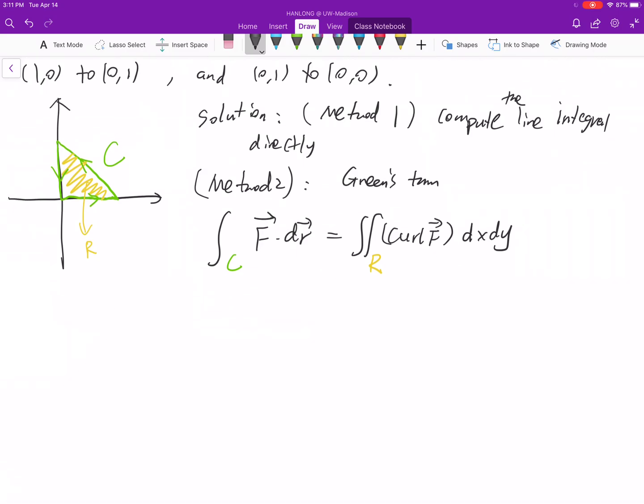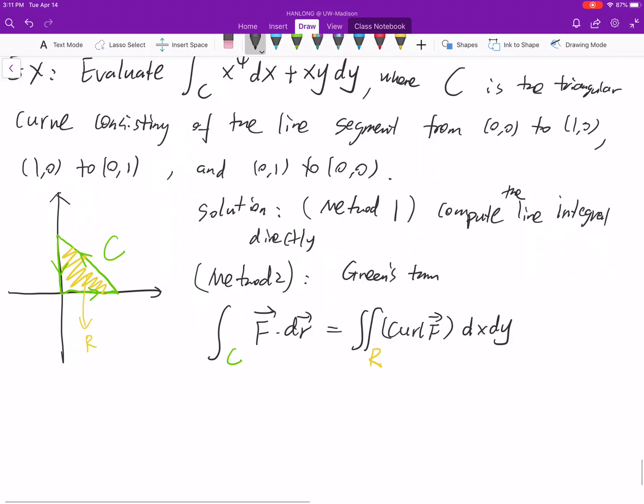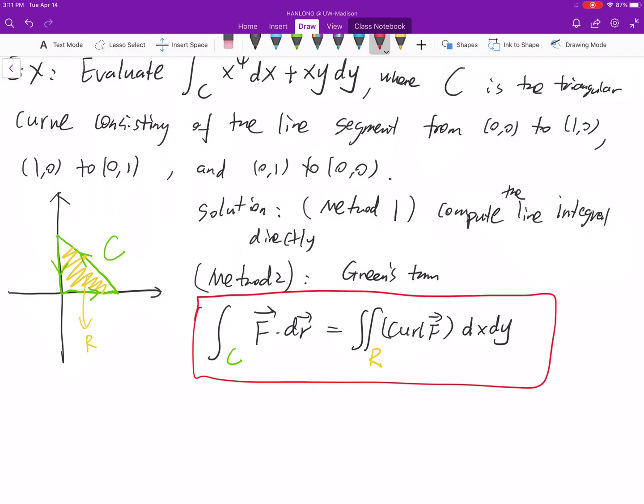Notice that since the line integral along C has the same orientation as the one required in the formula, this formula is true. Otherwise, if the one you need to compute goes the other direction, then you need a minus sign. We will deal with that case later.